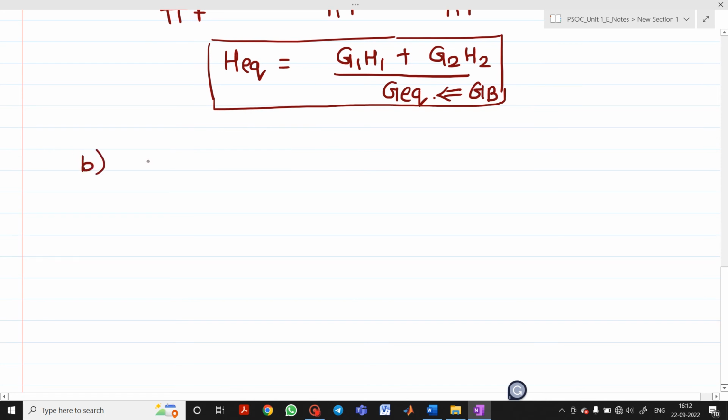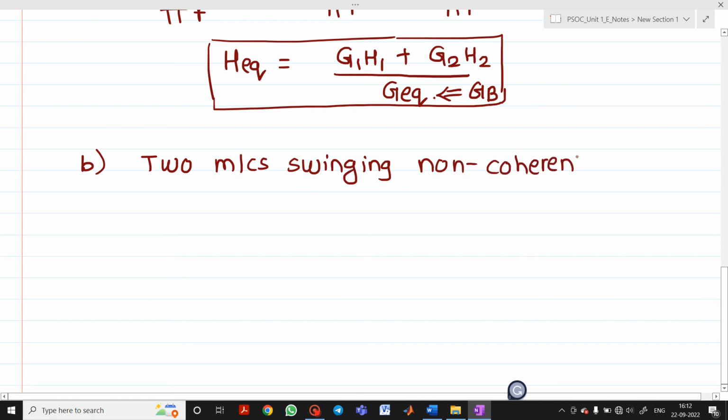So part B is two machines swinging non-coherently. Please remember, when we discuss non-coherent, the meaning is that delta 1 and delta 2 will not be the same, they will be opposite.